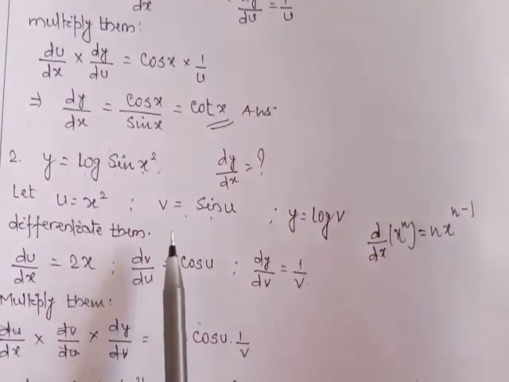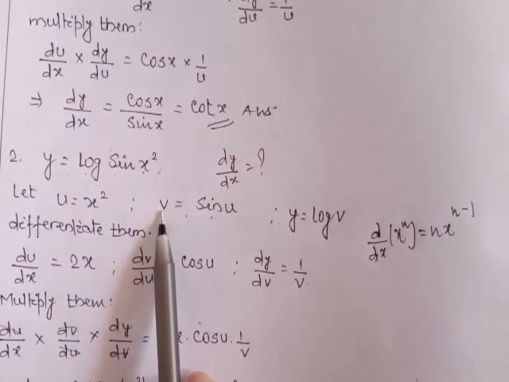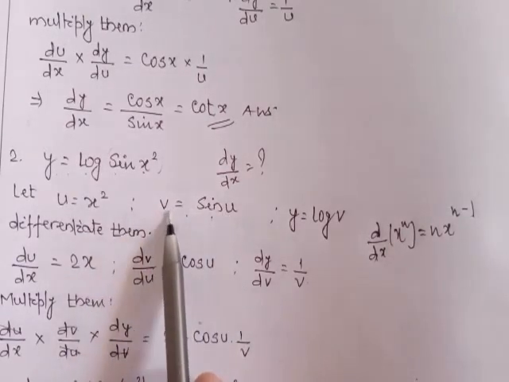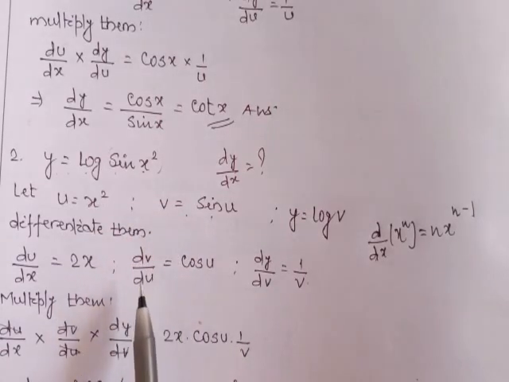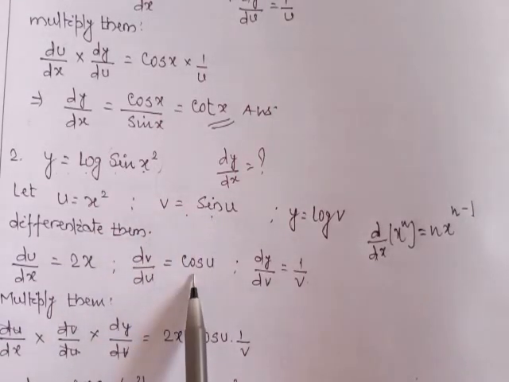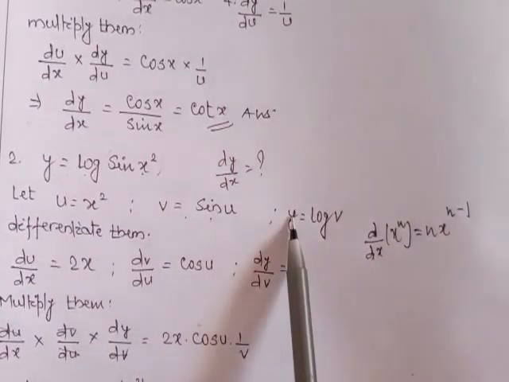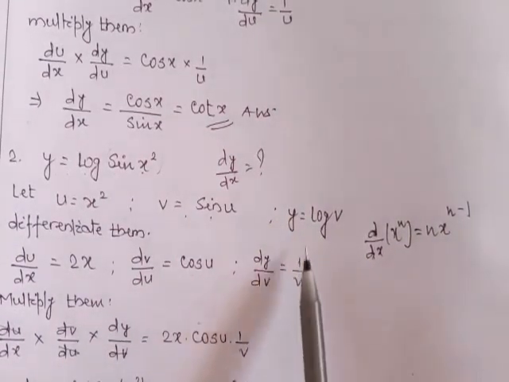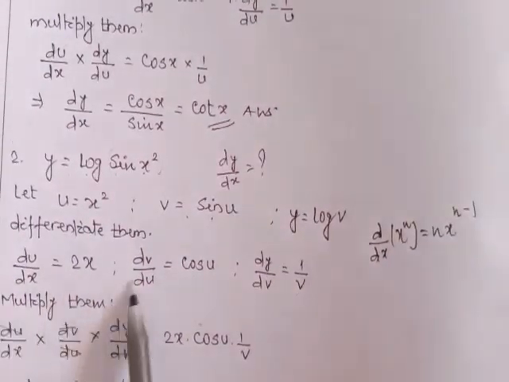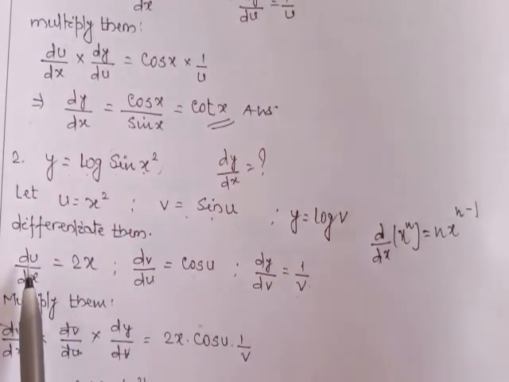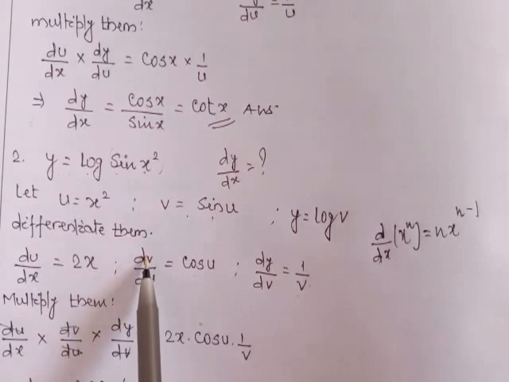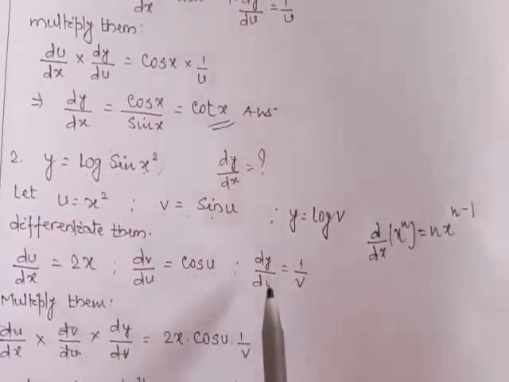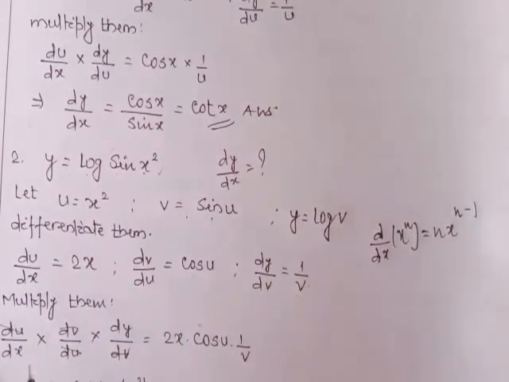Similarly, this is a function of v and u, so differentiate with respect to u. This should be dv by du, that is cos u, and finally dy by dv is equal to 1 by v. Again multiply them.